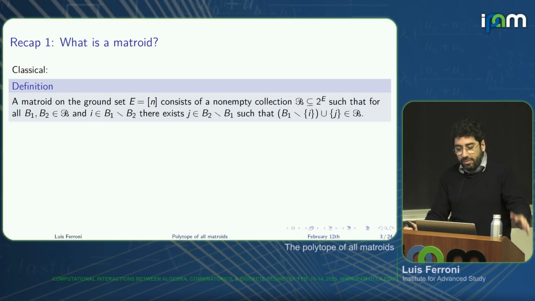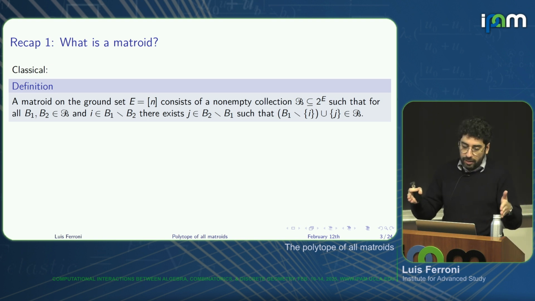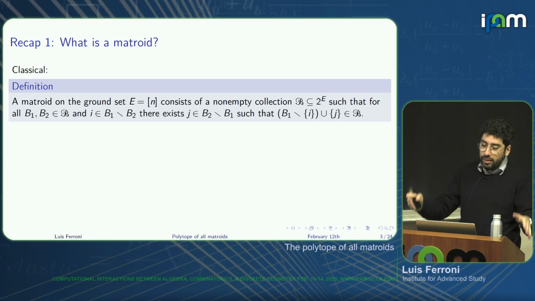Since this is a very heterogeneous audience, let me recap what a matroid is. In case you have encountered matroids before, for instance in Oxley's book, a matroid is a family of subsets of a finite set satisfying some nice property. If you want to be very precise, first of all you have a finite set E, which is often called the ground set.